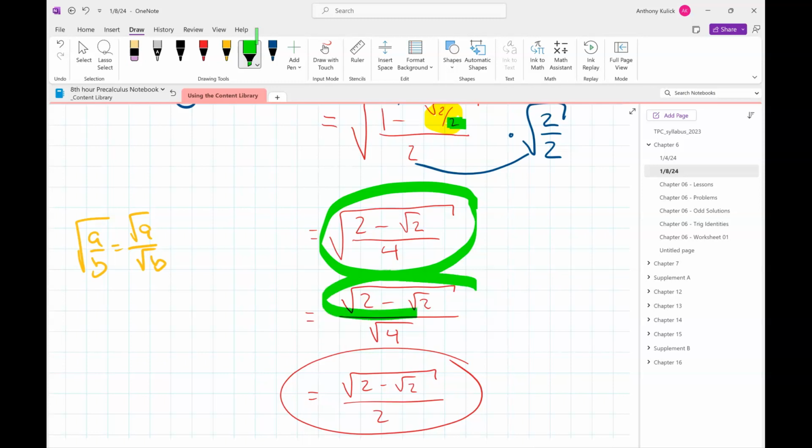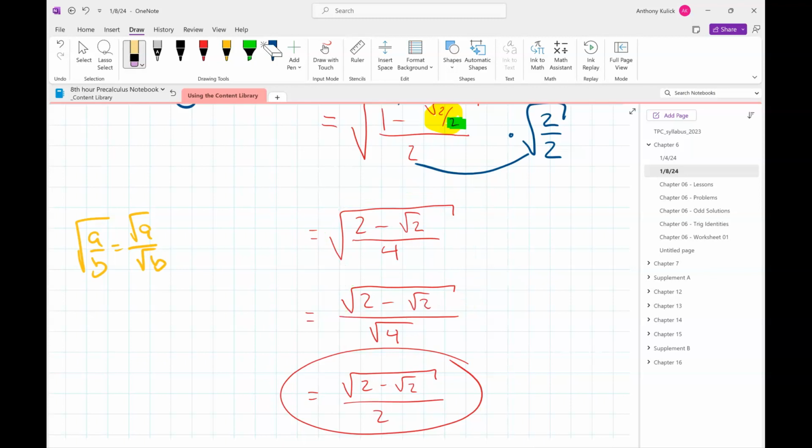When your square root is only in the numerator, really be careful to draw your square root so that it's only in the numerator. Notice here when I've drawn my square root, the check mark of my square root is well below the division bar in the fraction. And when it's only over the numerator, I can tell that the fraction bar is underneath the check mark in the square root. You guys see what I'm talking about?